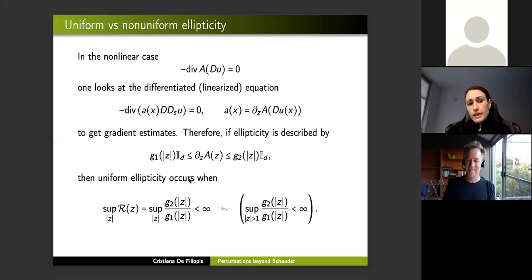In general, when dealing with this kind of equations, I consider elliptic equations, therefore this quantity is non-negative. And I am dealing with a uniformly elliptic equation when this ratio is uniformly bounded. Otherwise, again, I am in the regime of non-uniform ellipticity.